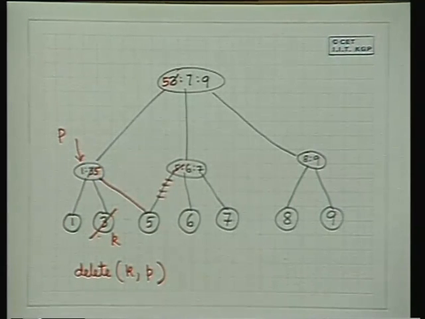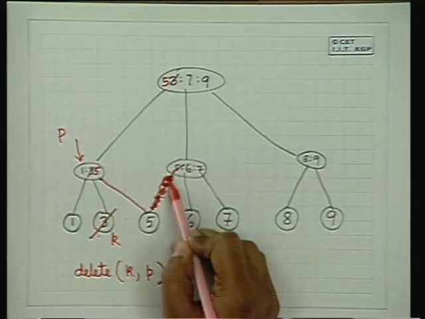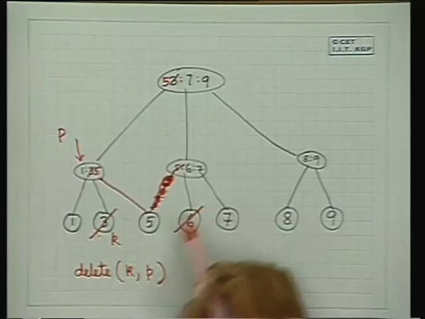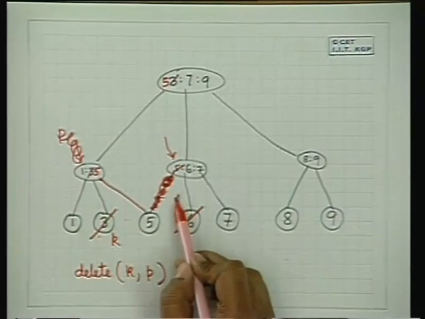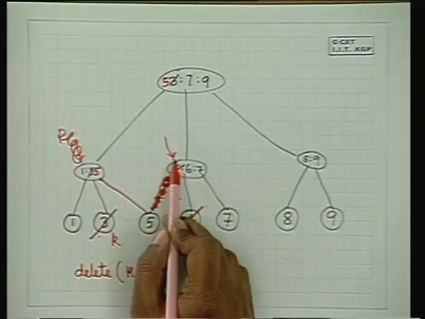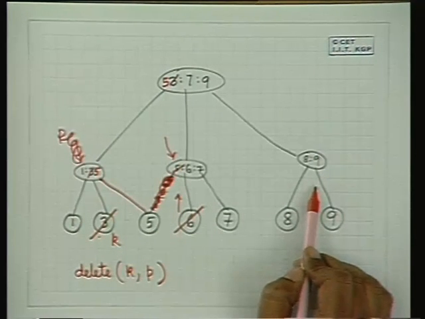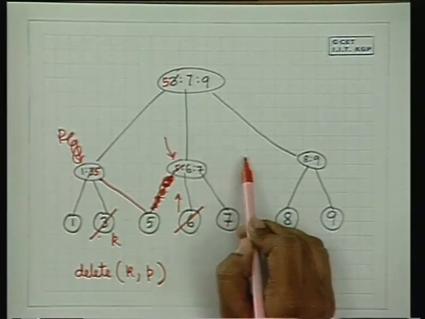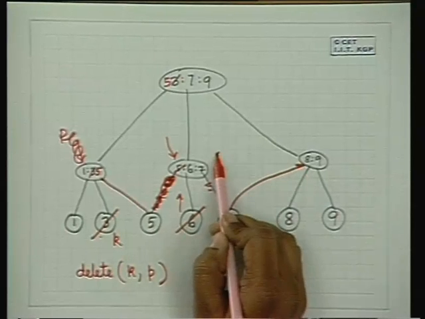So now if you wanted to delete 6, fine, that's interesting. Now suppose you want to delete 6, so you have to first find 6, delete this in this node, right? Look at its right brother, it has got 2. Since it has got 2, you will push this one here.